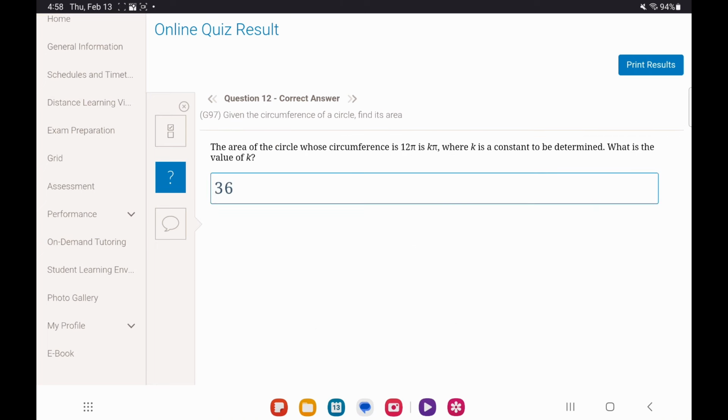Okay, to find the area of literally anything, you need to find the radius of it. So here the radius is unknown, so we need to find the radius. They told you the circumference is 12 pi, and we know circumference is 2 pi r.